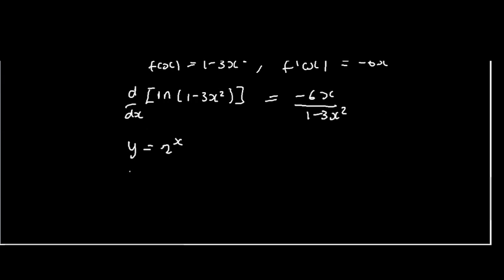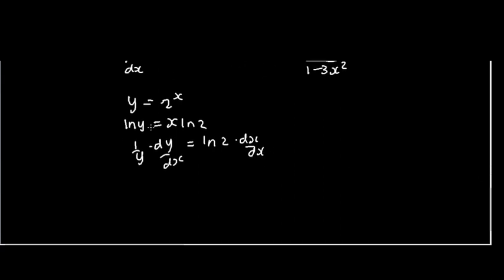So we shall introduce ln on both sides, and then we say that ln y equal to x ln 2. And then when you differentiate this, we shall have 1 over y dy dx being equal to ln 2, which is a constant, times dx. Since y is a function in terms of x, that's why we are using the chain rule here.